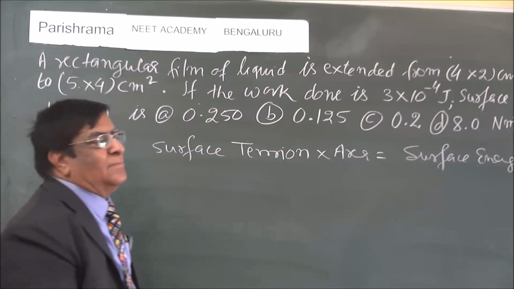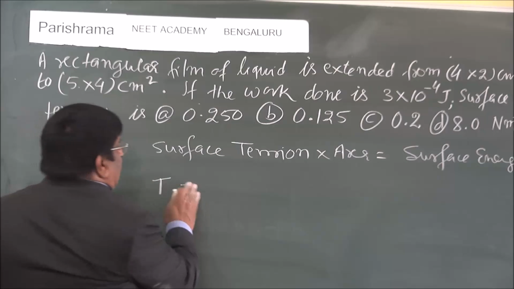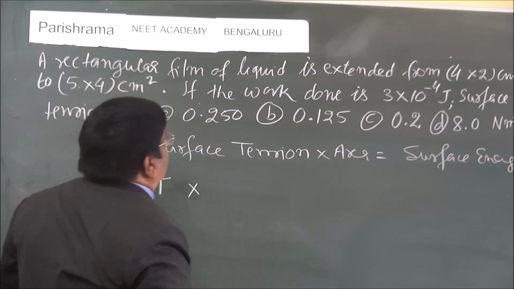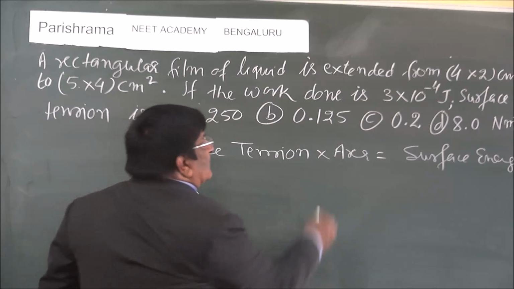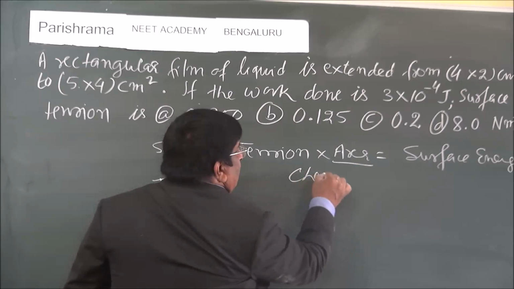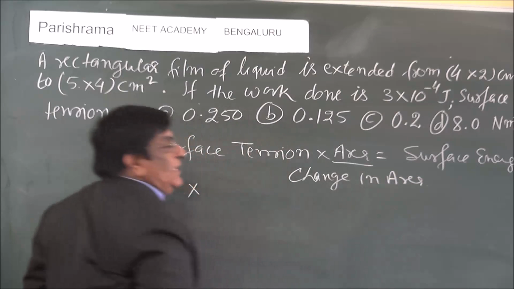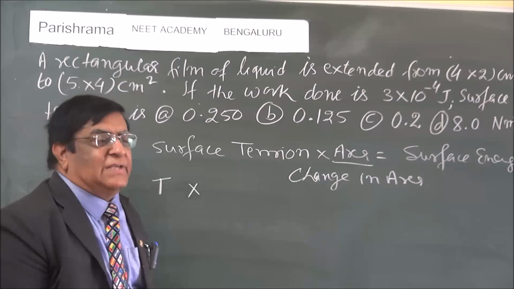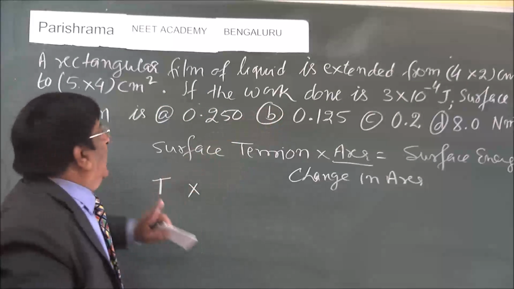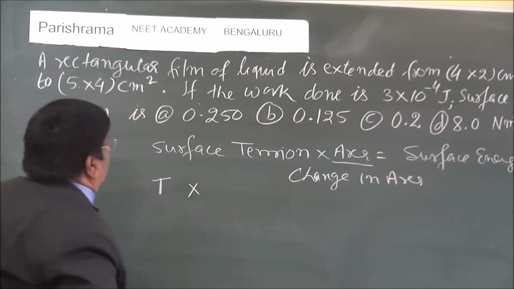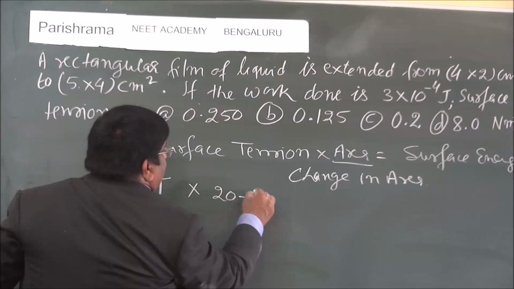That is the only precaution you must have. So surface tension T into area, that is, change in area. Change in area, final area minus initial area. What is the final area? 20. What is the initial area? 8.